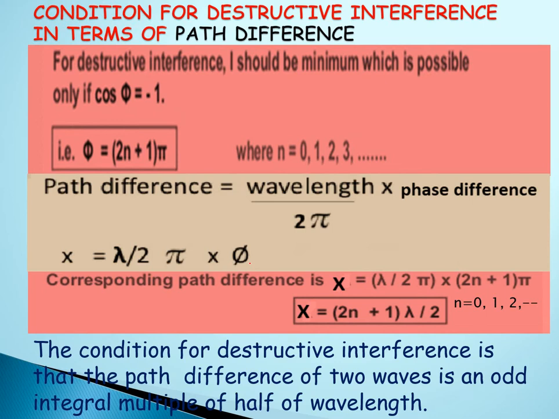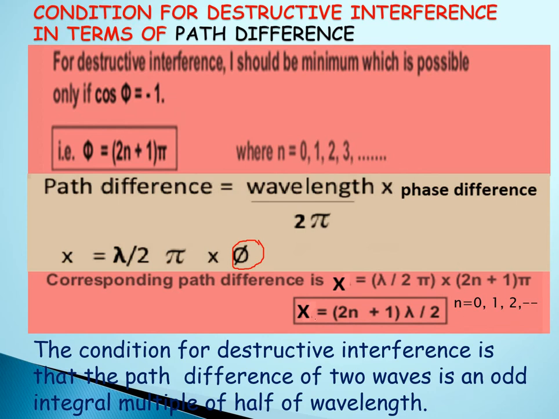So here what will we substitute in the place of phi? We should substitute (2n plus 1) pi. So what do we get? x is equal to, again, 2 pi and pi get cancelled off. x is equal to (2n plus 1) into lambda by 2, where n is equal to 0, 1, 2.